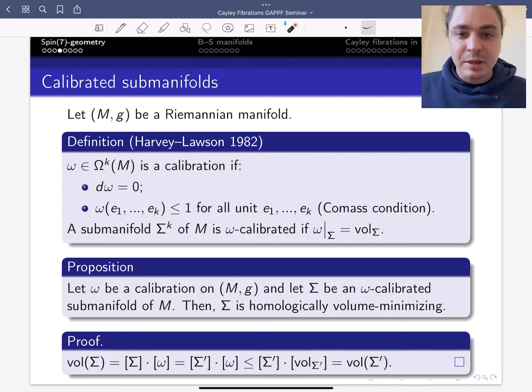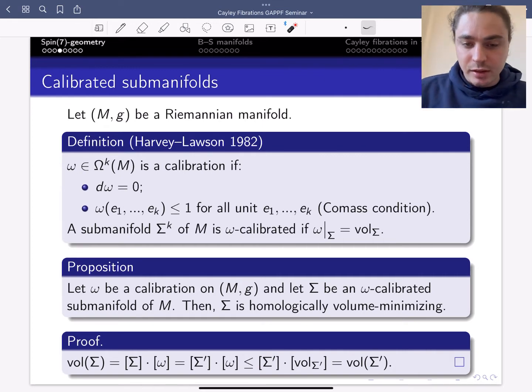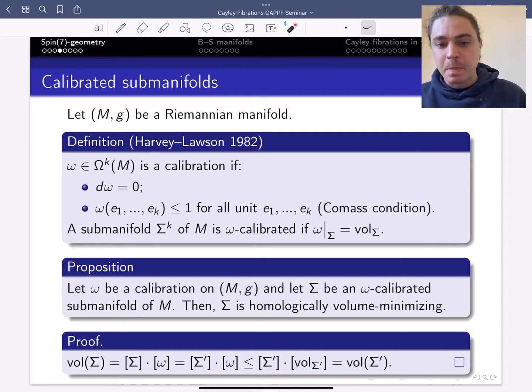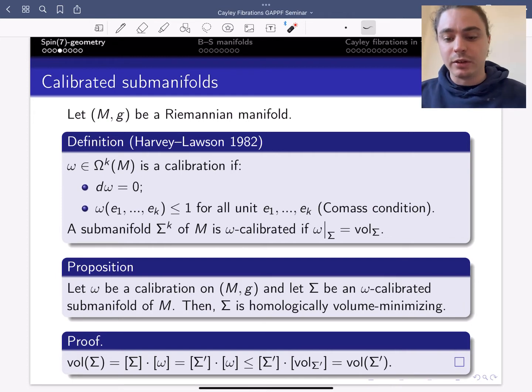So now let me briefly say a couple of things about calibrated submanifolds. This might look quite unrelated to the previous 2 slides, but I will then explain why calibrated geometry plays a role here.